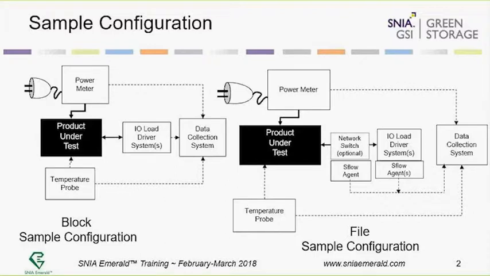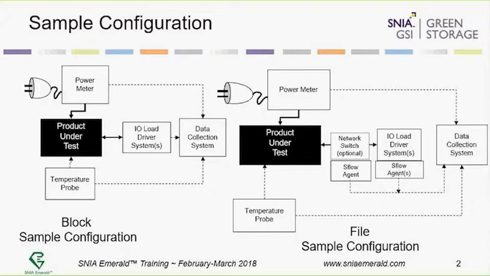From the spec, I have the figures of the sample configurations for both block and file. What I really want to point out is that when you're hooking up the power meter, you have to be able to measure the power of the product under test.